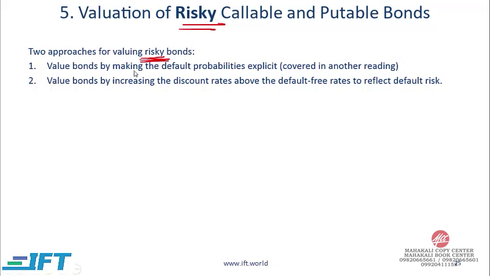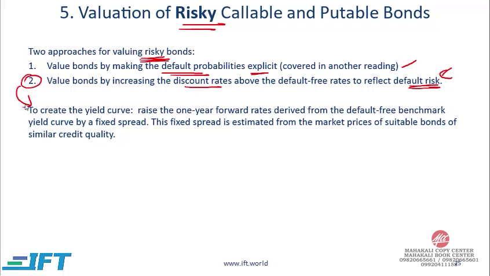So one approach is to value bonds by making the default probabilities explicit. This topic is covered in another reading. Here we focus on the second approach, which is to value bonds by increasing the discount rates above the default free rates to reflect default risk. And this is the method that is used much more often in the industry.